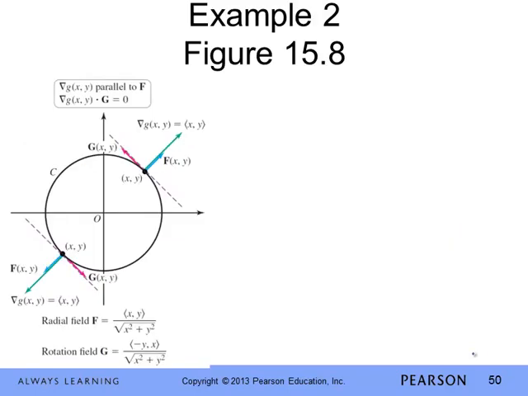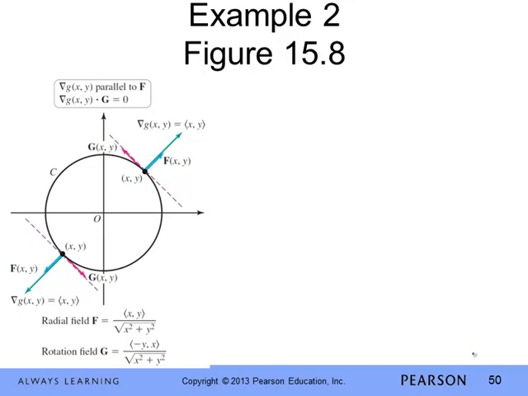Let's take a look at example number 2 from section 15.1. All right, so we have a circle C, the circle x squared plus y squared equals a squared, so a circle of radius a centered at the origin. We're going to do 2 parts to this example.